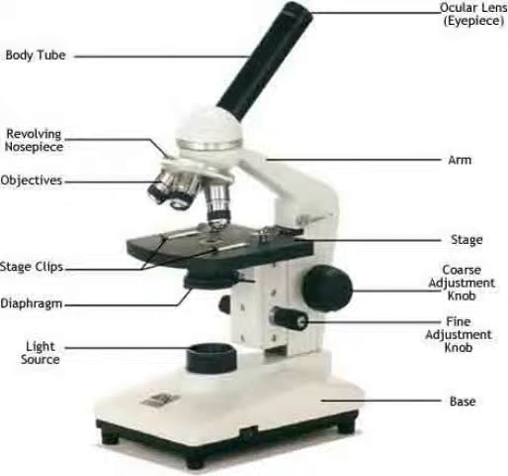Then switch to high power. The image should still be in focus. If it is not, use the fine adjustment knob. The fine adjustment knob is the smaller of the two. Never use the coarse adjustment knob when the nose piece is turned to high power.